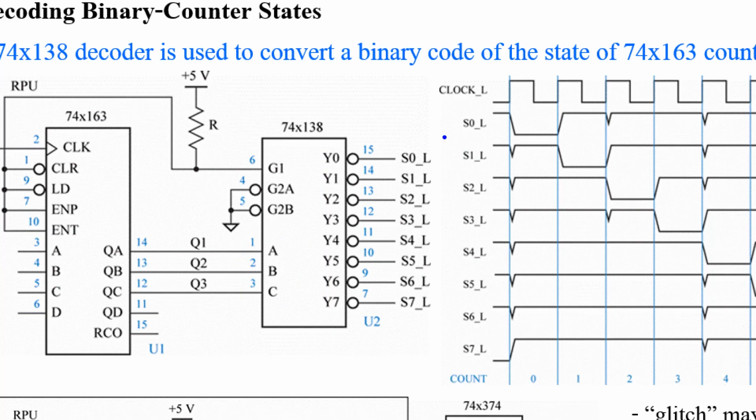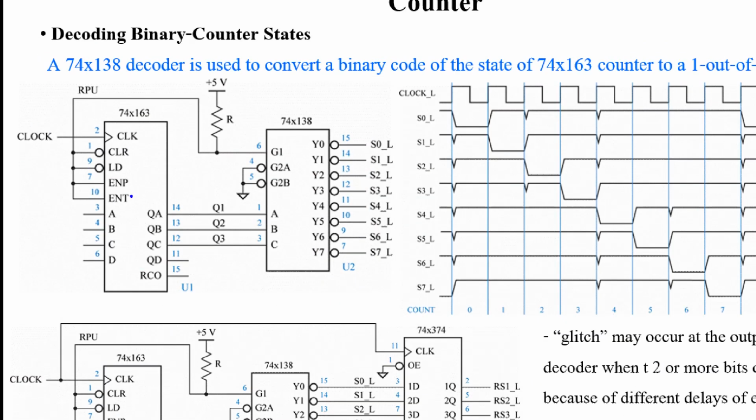So what happens if I start from 0 0 0? That means now Y0 is active. This output is active low. That's state 0, Y0 is 0, active low, and the other bits are not active, which means they are high.